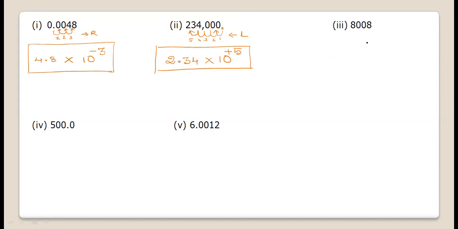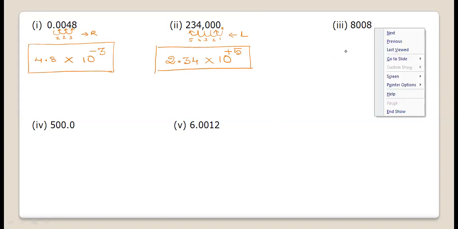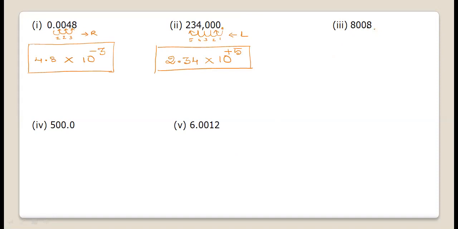Now if you observe this number, 8008, the decimal point will be here. To get 8.008, we need to move the decimal point 1 place, 2 place and 3 place. So 3 places you need to move the decimal point.